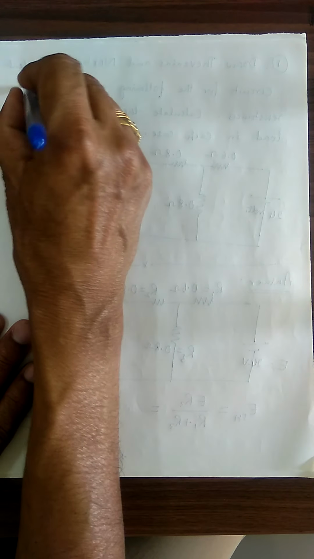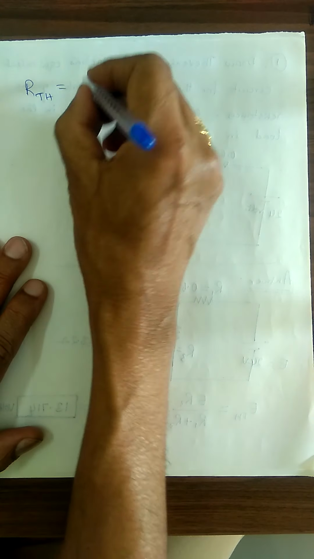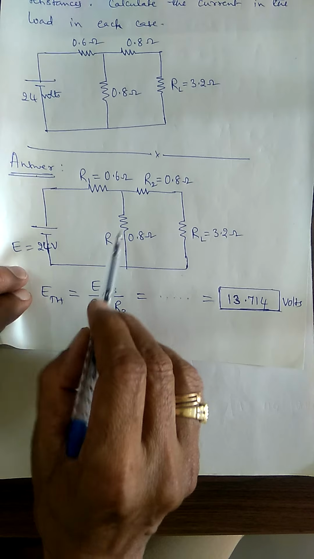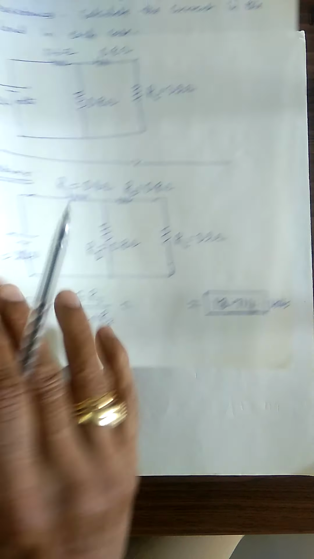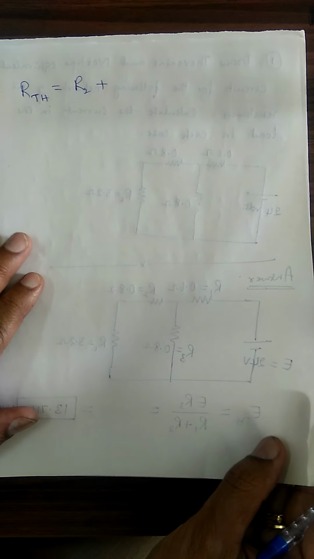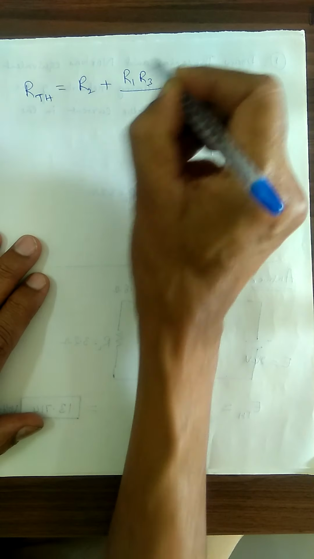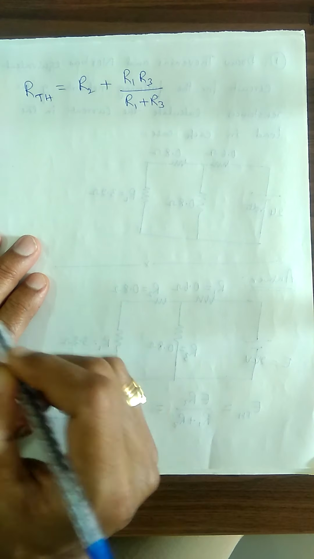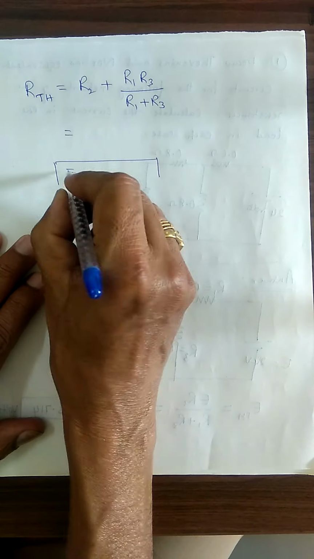RTH is equal to R2 plus, because these two are connected in parallel and this one is connected in series, R1 R3 divided by R1 plus R3. Substitute here and get the answer.